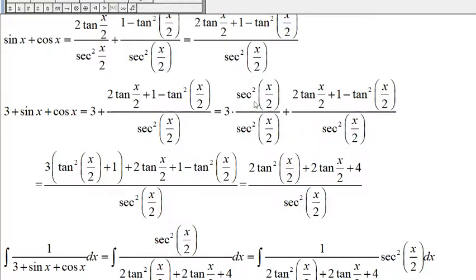And so we get 3 times (tangent squared plus 1), and then plus all of this. This is 3 tangent squared plus 3. 3 tangent squared minus tangent squared is 2 tangent squared. And we have 2 tangent of x over 2. And then 3 times 1 is 3, plus 1 is 4.